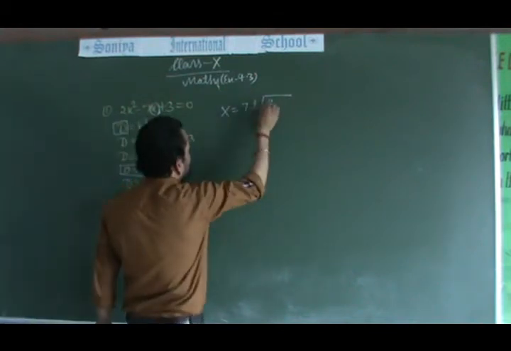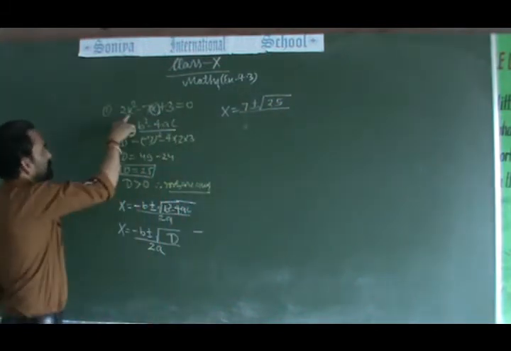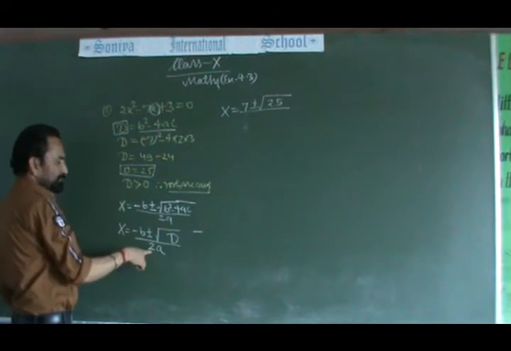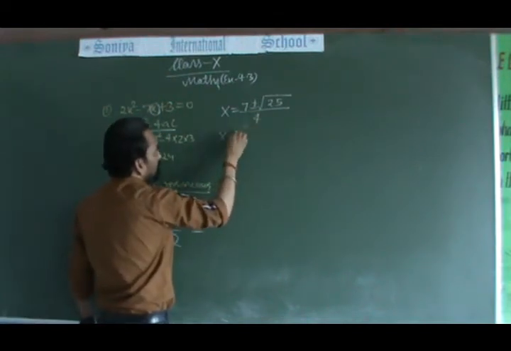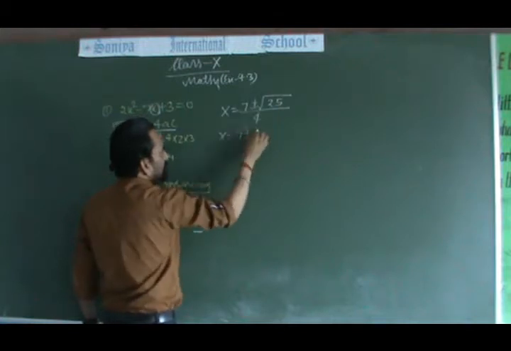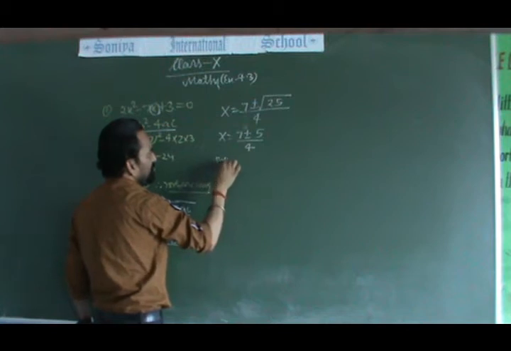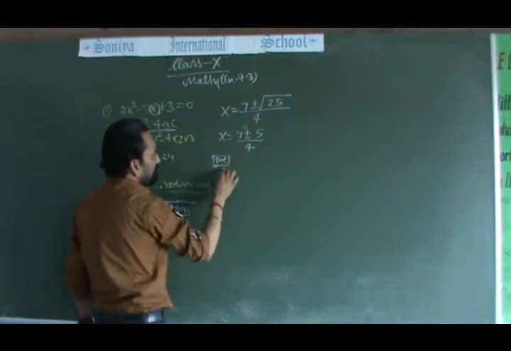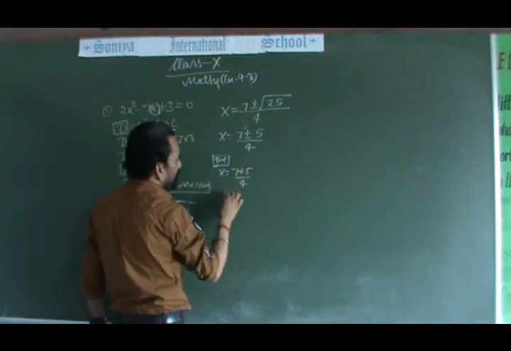So you may write here root 25 upon 2 into a. What is the value of a? 2. And 2 into 2 is 4. Calculate this. x equals 7 plus minus 5 upon 4. First you take the positive sign. When you take the positive sign, then x equals 7 plus 5 upon 4.